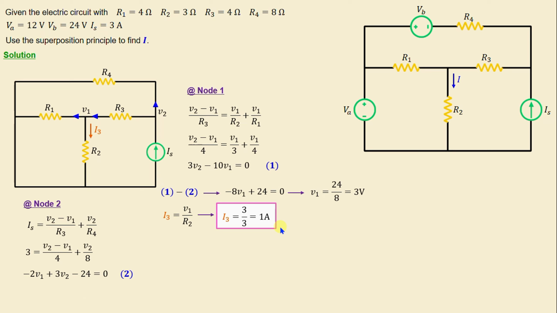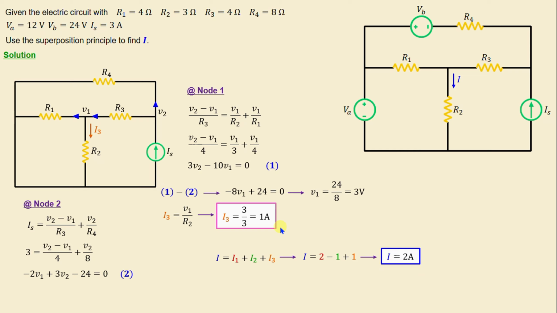This process enables us to determine the overall circuit response. That means the current I is equal to I1 plus I2 plus I3. And if we replace I1, I2, I3 with their numerical values, we obtain finally I is equal to 2 amps.